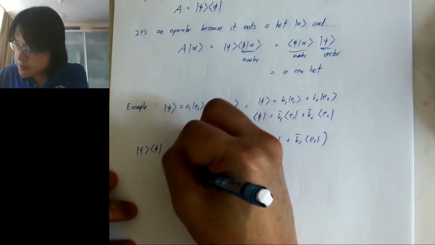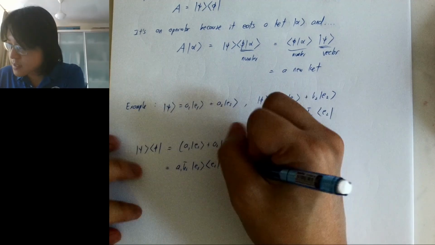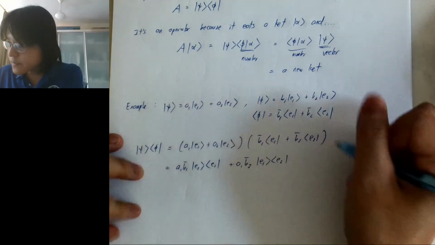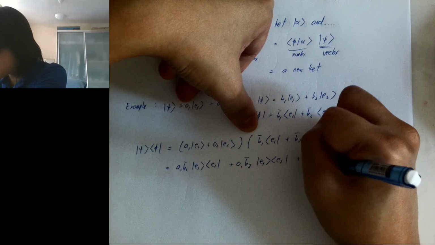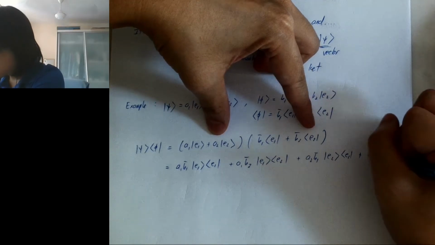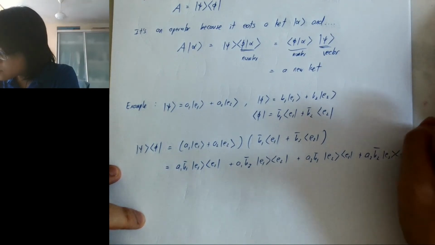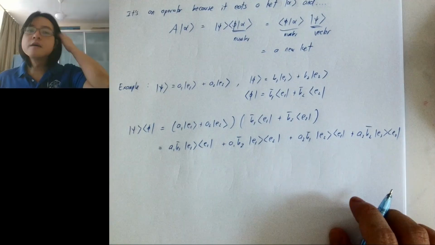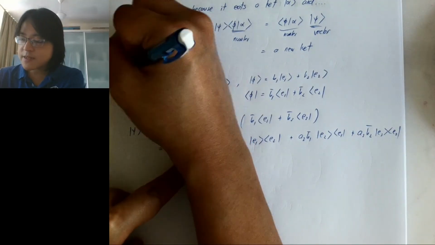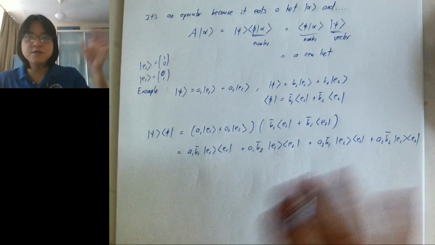So I get A1 B1 bar E1 E1, then A1 B2 bar E1 E2, then A2 B1 bar E2 E1, and finally A2 B2 bar E2 E2. Remember that E1 and E2 are just the basis vectors, 1, 0 and 0, 1.